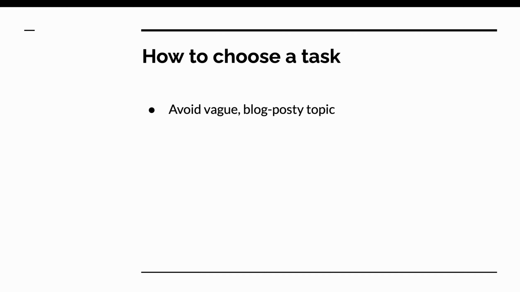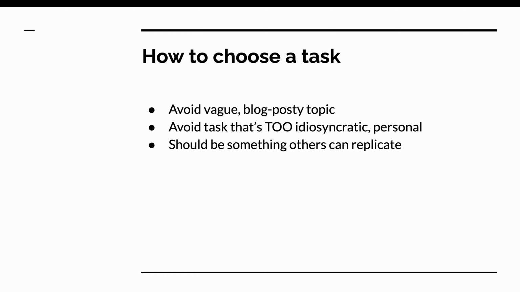Something more like a blog post is something you don't want to have for this particular assignment. You also don't want to choose a task that's way too personal or way too idiosyncratic to your experience. You want to think about your audience of future English majors and think what might be applicable to many of them. So it should be something that other folks could replicate and not that's just personal to you.